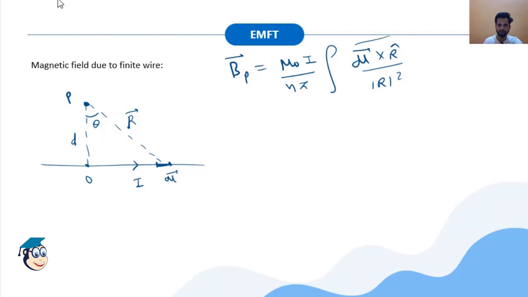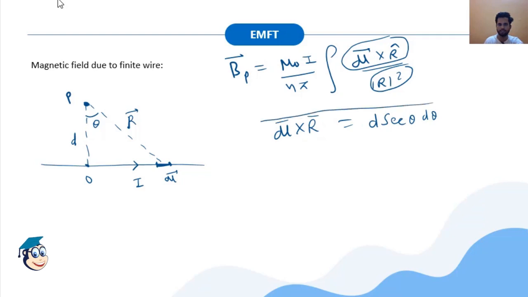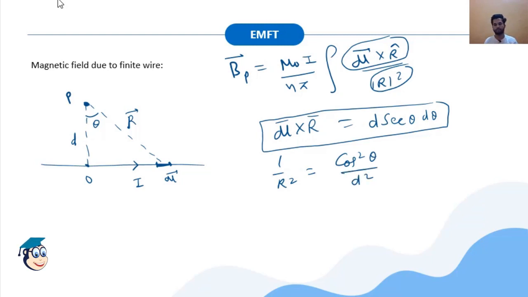So we have to separately calculate dl cross r and 1 over mod r square. dl cross r in this case is d sec theta tan theta d theta, which you can easily calculate by some mathematical manipulation, and 1 by r square is cos square theta over d square.